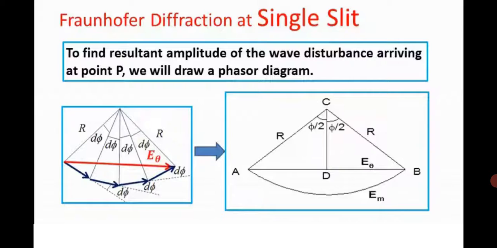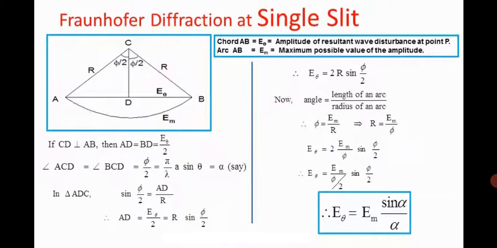E theta is the resultant amplitude and phi by 2 is the angle between two radii of curvature. By mathematical calculation, this angle is phi and it is divided into phi by 2.